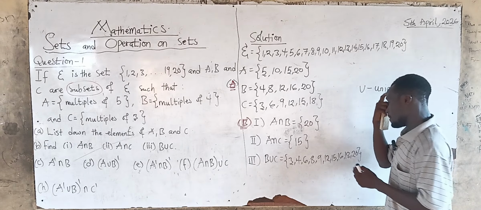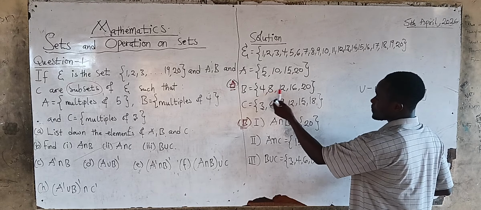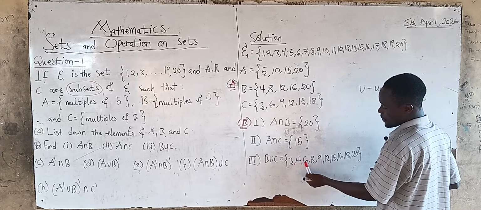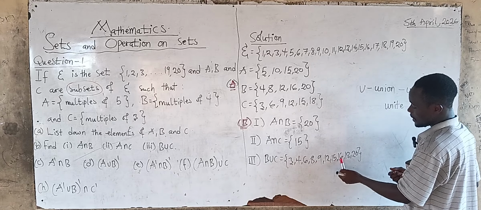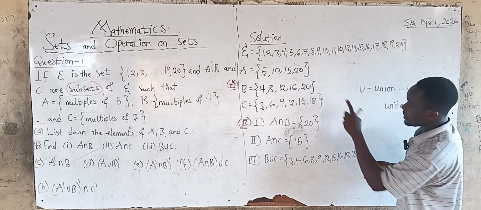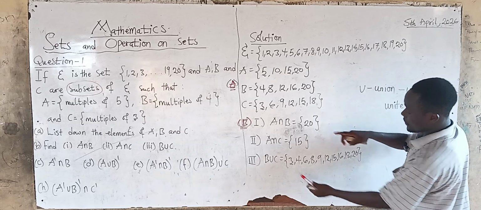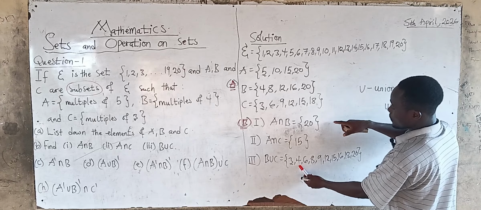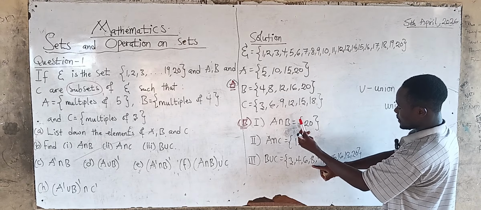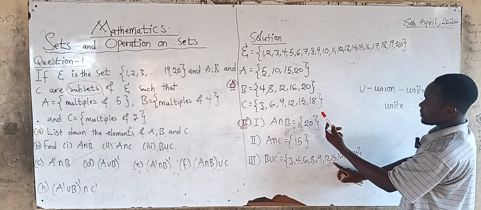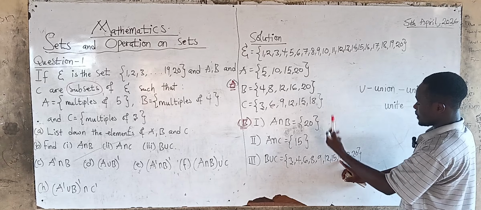Let me check the elements. If you have the number, 1, 2, 3, 4, 5, 6, 7, 8, 9, 10, 11. Here too, 1, 2, 3, 4, 5, 6, 7, 8, 9, 10. So it means it's left with one of the elements over there. One of the elements did not come. So 3 is there, 4, we have 6, we have 8, 9 is there, 12, 15, 16.